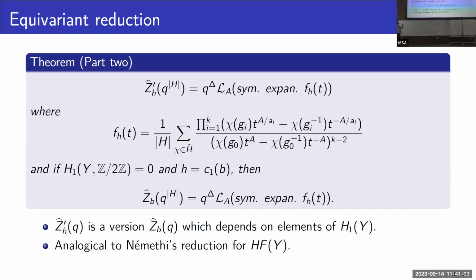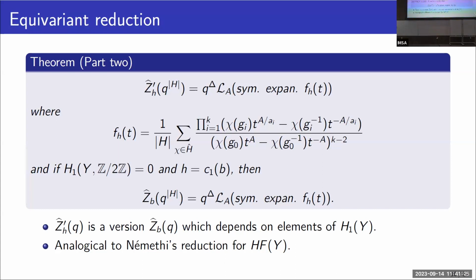Actually, if you want to compute Z hat, you still need to do a little work because sometimes there are more spin C structures which have the same Chern class. But more or less this gives a formula in terms of just one variable function for all the Z hats.